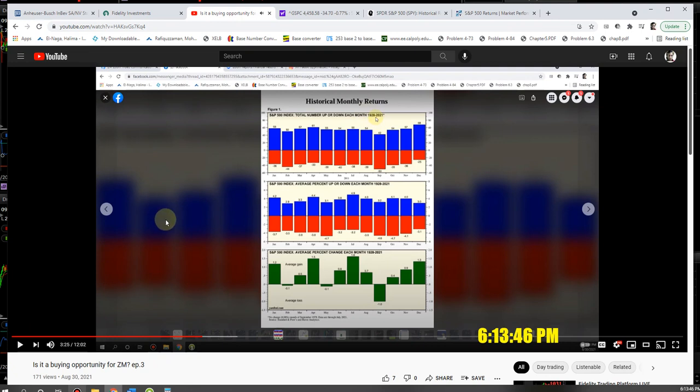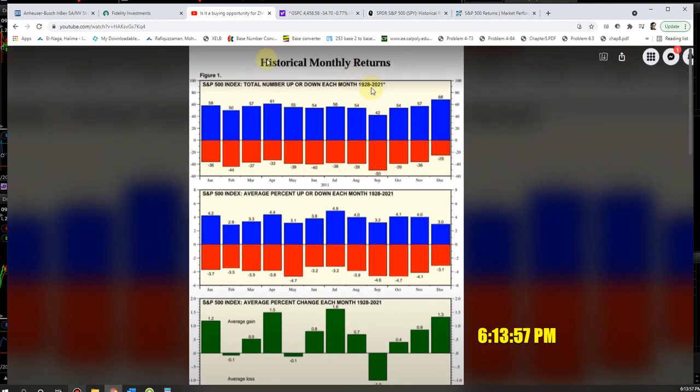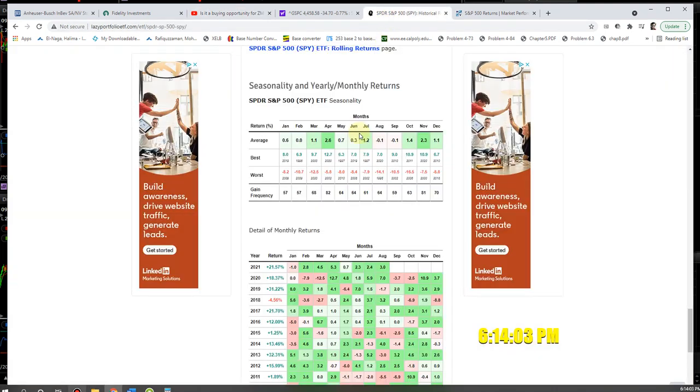So that's how I know the correction is coming, based on the stochastics, based on statistics, sorry, and based on charts, right? We can clearly see that historically, based on 100 years, September tends to be a red month. Now here is another source, from lazyprofitetf.com. We can see the two red months on average are August and September.